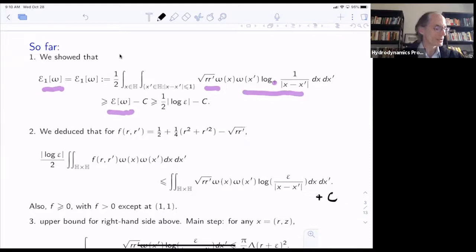Okay, and so we introduced this function, little f rather.